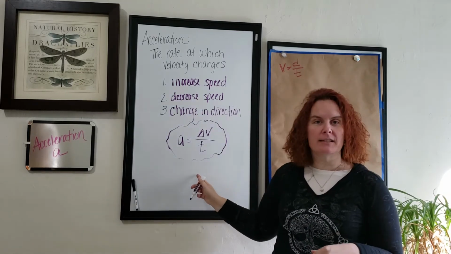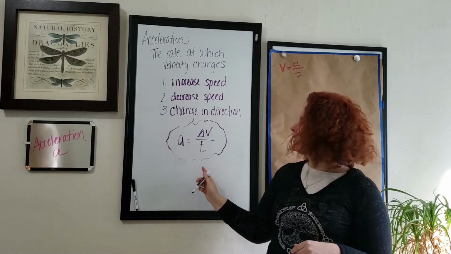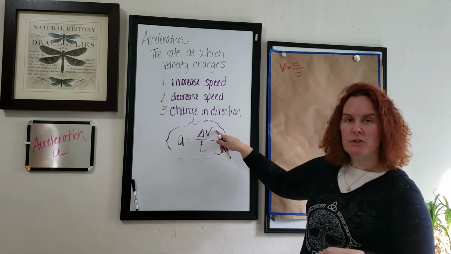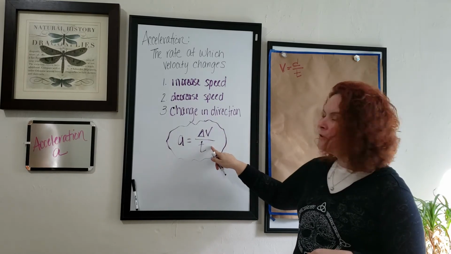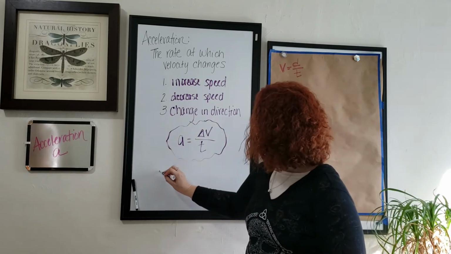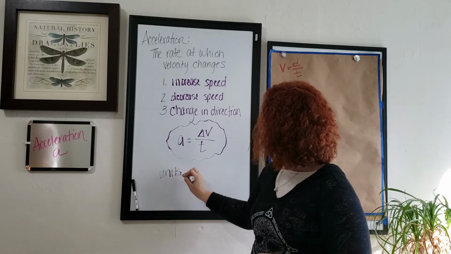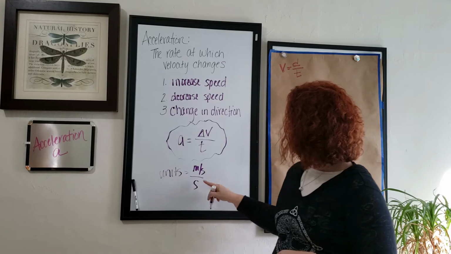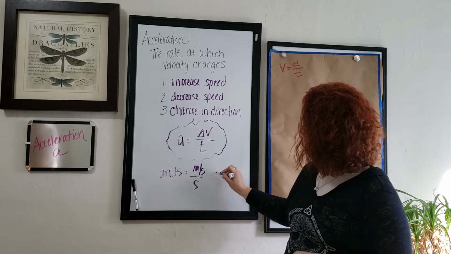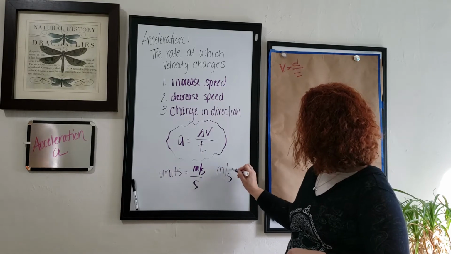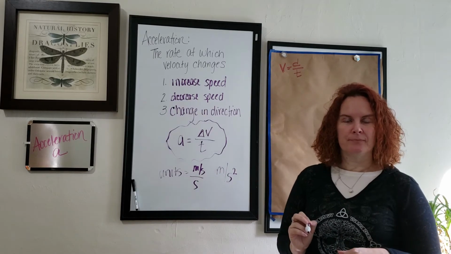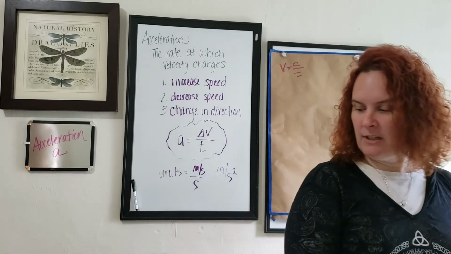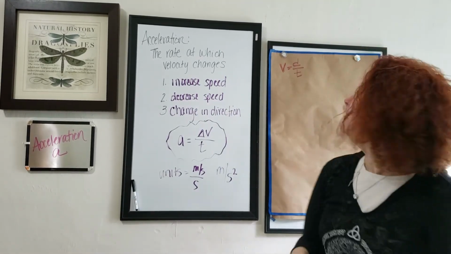Now make sure that you write this down. This is going to be something that you'll see a lot and that we're going to be using. Because we have meters per second for velocity over seconds, what you are going to see is meters per second squared.